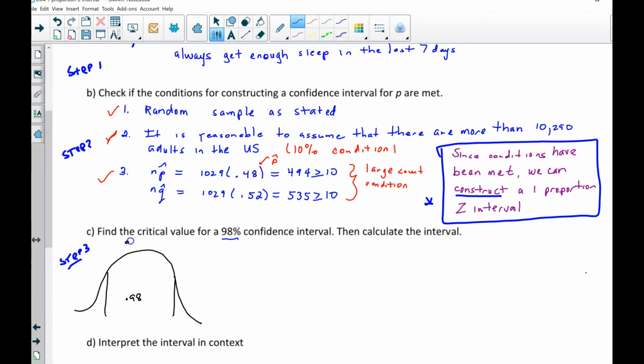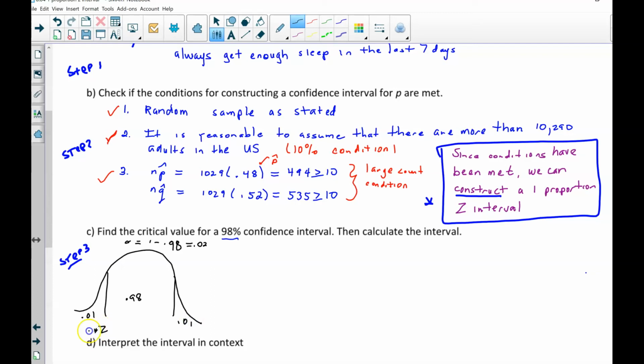So alpha is going to be 1 minus 0.98, and that's 0.02. And then alpha over 2, you split that in half, is going to be 0.01.